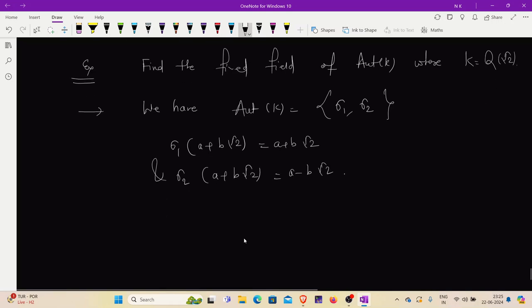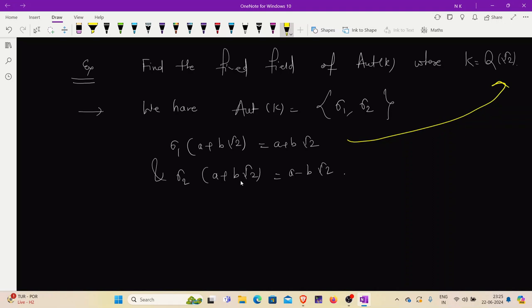Now we want to find the fixed field of this whole automorphism group, right? So we want the fixed field of whole Aut of K. Okay, so we want to find all the elements of Q root 2 which are fixed by both sigma 1 and sigma 2. But keep in mind that sigma 1 is the identity map, right? So it fixes all the elements of Q root 2.